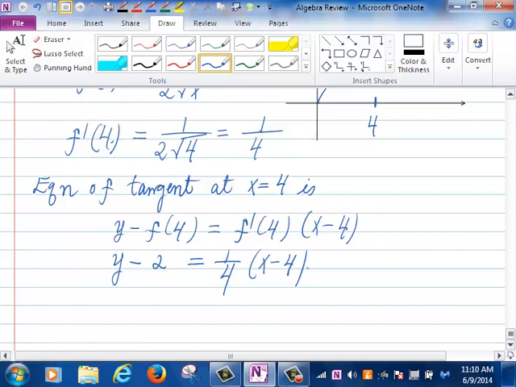So it's easier to use the point-slope formula here than the slope-intercept formula, because you don't know what the intercept is, unless you can find the intercept. Is everybody okay? All right.